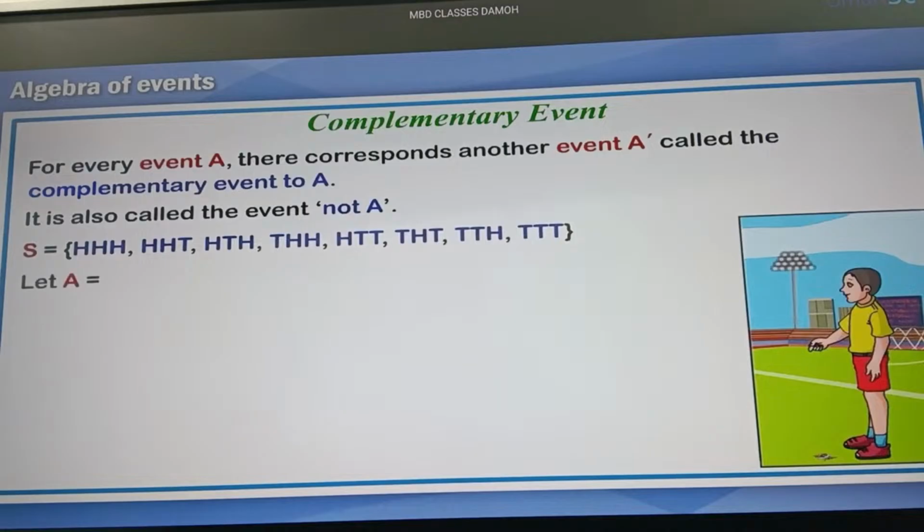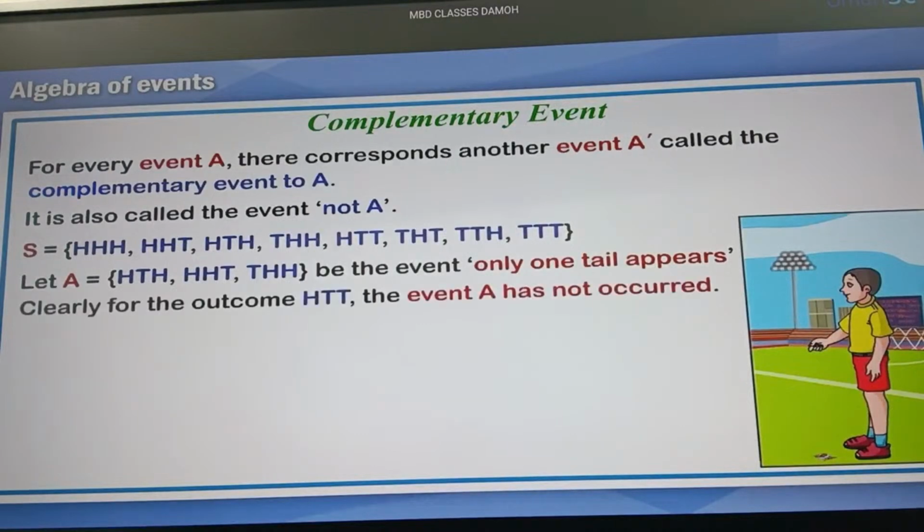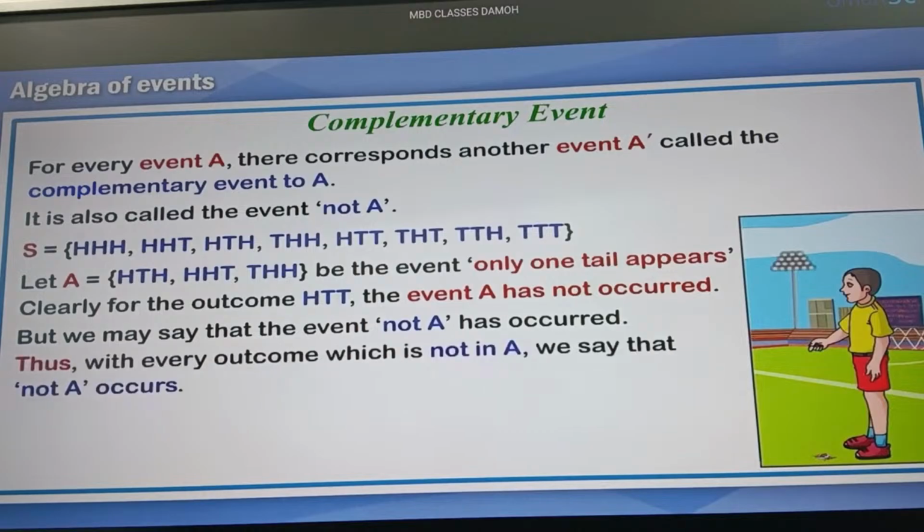Let A = {HTH, HHT, THH} be the event, only one tail appears. Clearly, for the outcome HTT, the event A has not occurred. But we may say that the event not A has occurred. Thus, with every outcome which is not in A, we say that not A occurs.